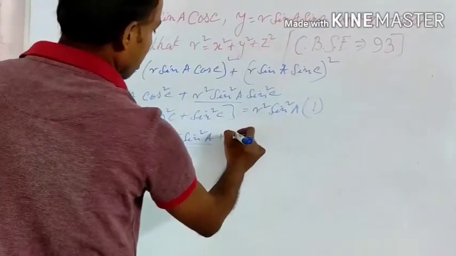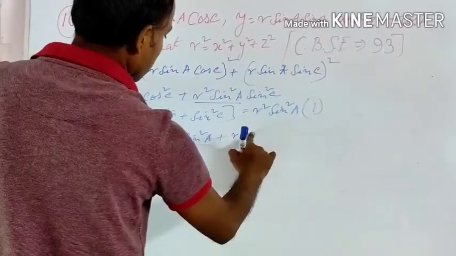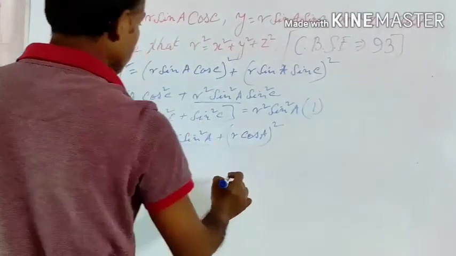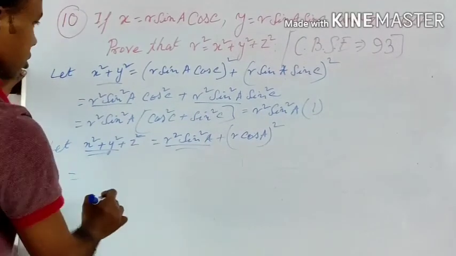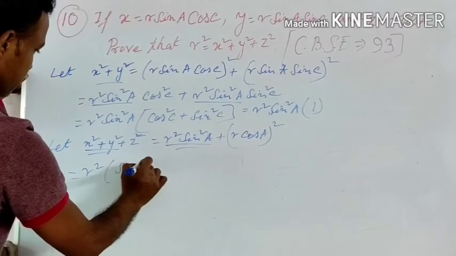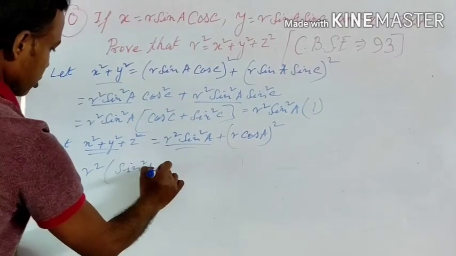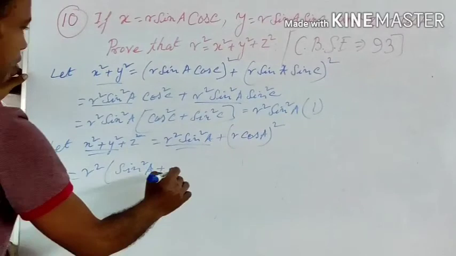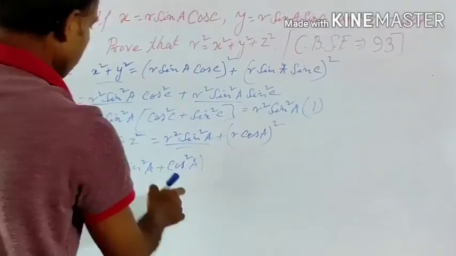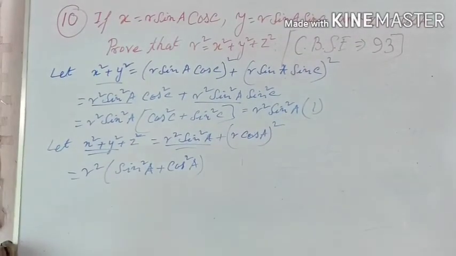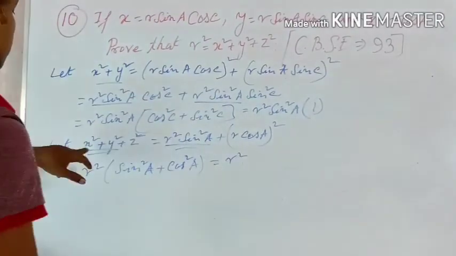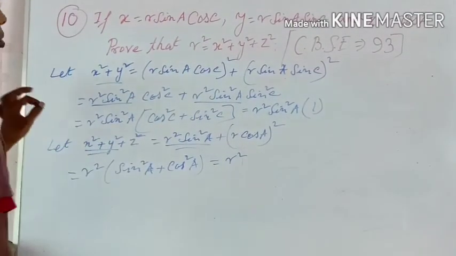Z means (r cos a) whole square, is equal to r square common, sin square a plus cos square a. We know that sin square a plus cos square a is equal to 1, so that is equal to r square. So r square is equal to x square plus y square plus z square, proved.